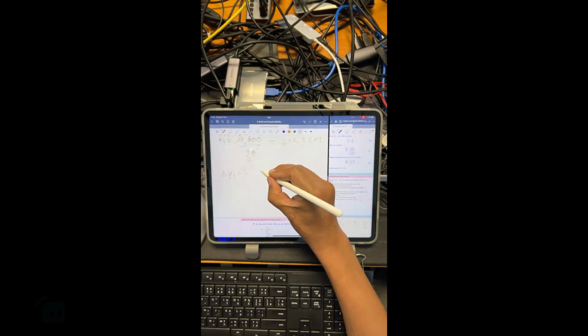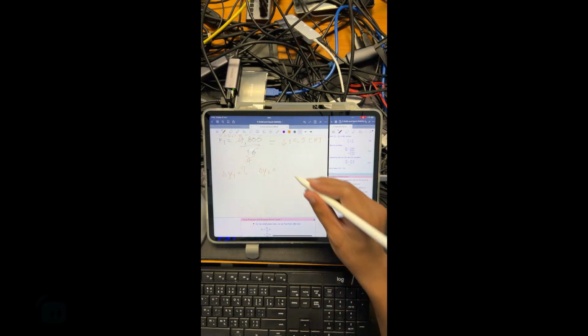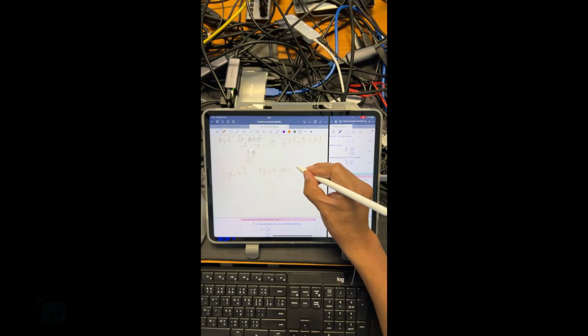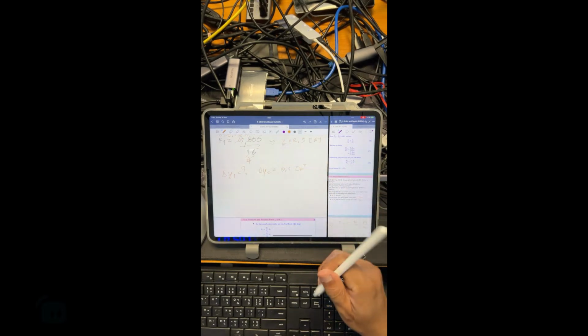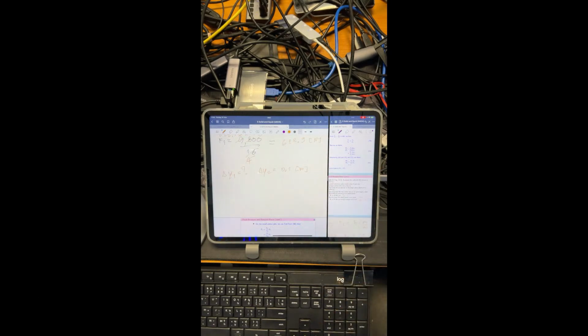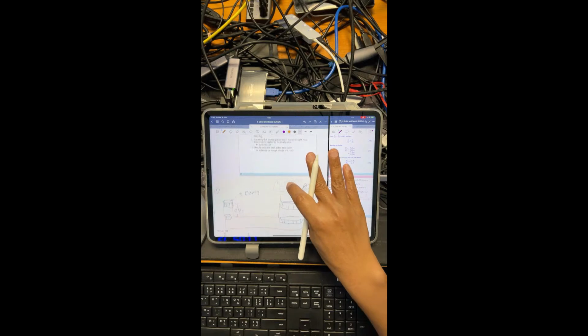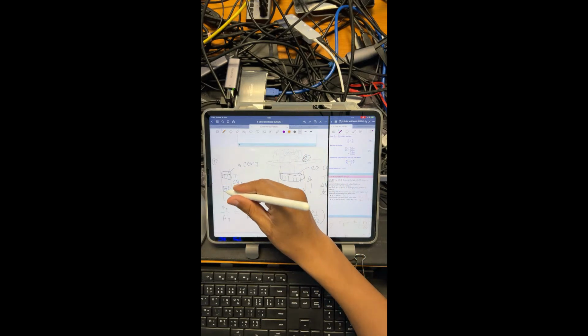We know delta y2 is 0.1 meter. We start from the fact that the fluid cannot disappear.